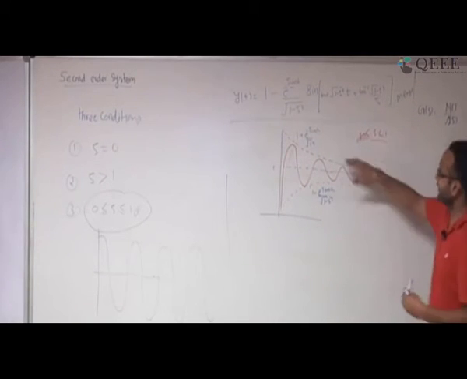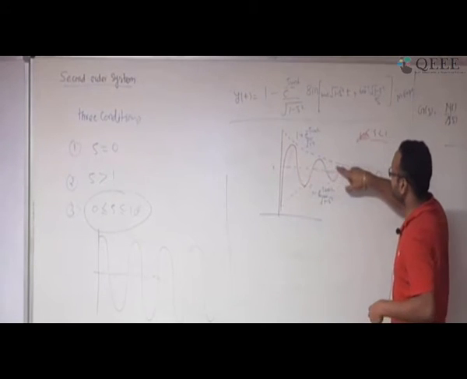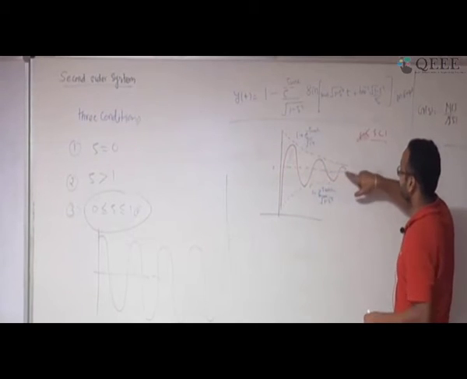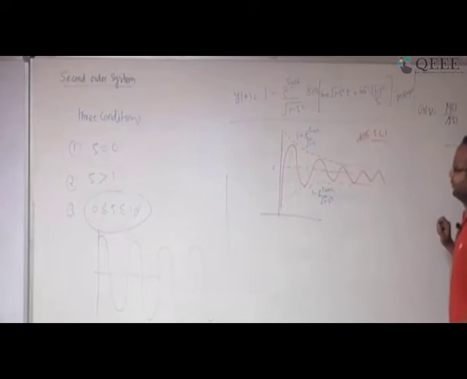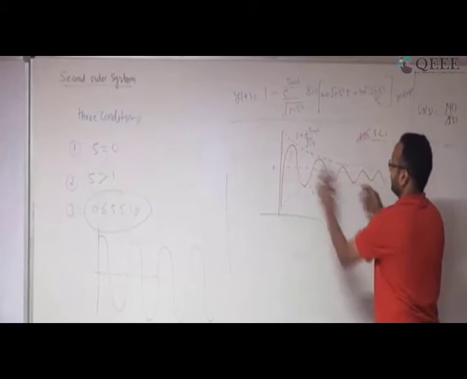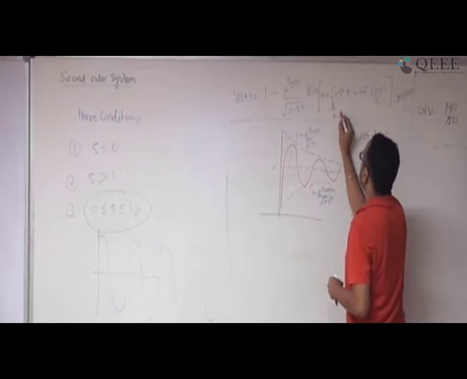So I can say that the response of the system is a damped sinusoid, correct? It was a sinusoid, it started, and now it is getting damped out and coming down. This is going to be the response of a second order system if you give this input. Now here, as I mentioned just now, we call this omega d.